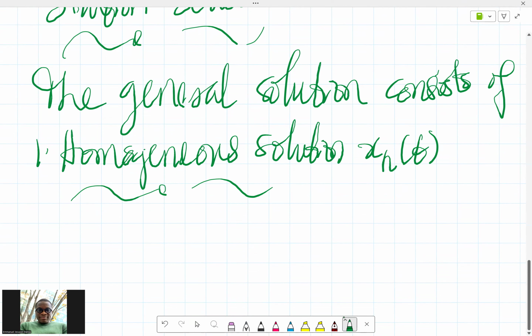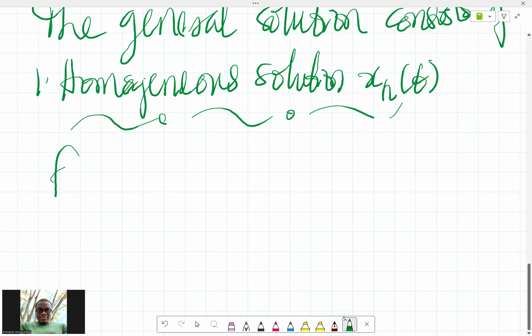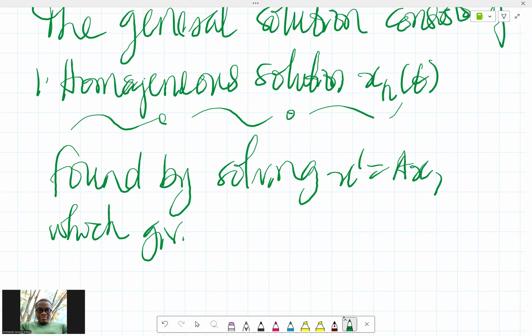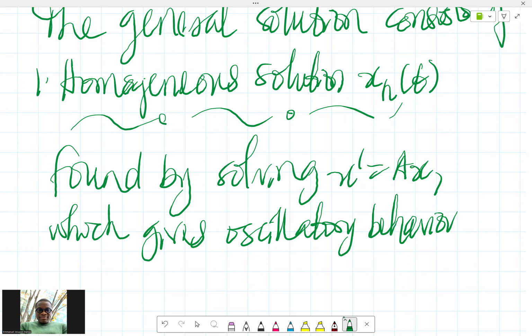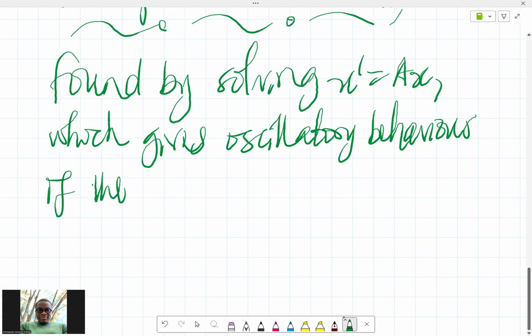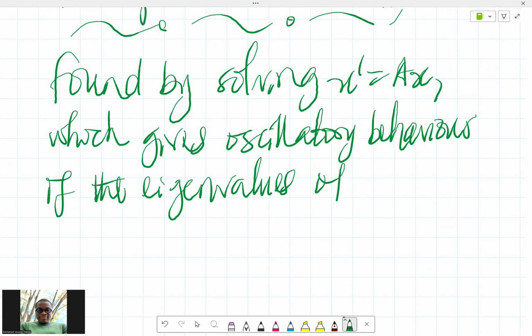This is found by solving x prime equals Ax. It gives oscillatory behavior if the eigenvalues of A have imaginary components.